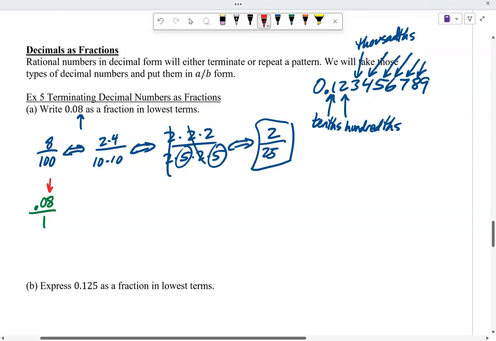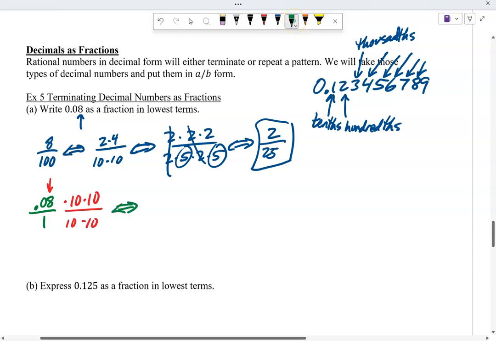See how it goes to 2 decimal places? The 8 terminates at 2 decimal places. So I'm going to multiply by 2 tens, which means I got to multiply the bottom by 2 tens. So I'm multiplying the top and the bottom by 100.